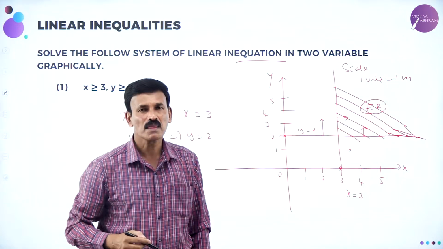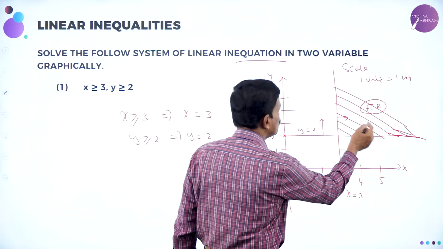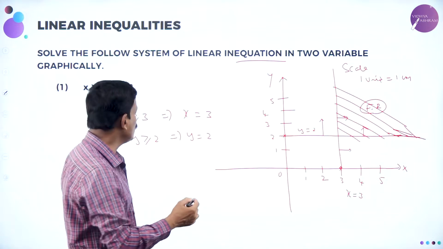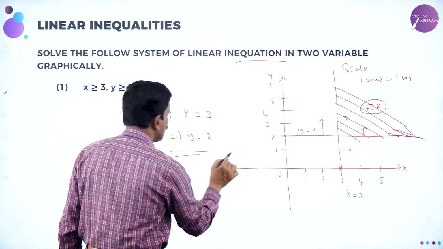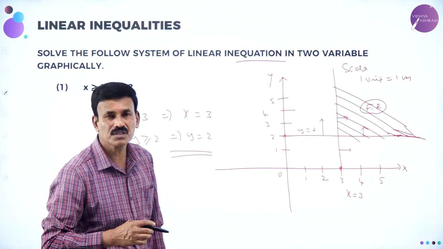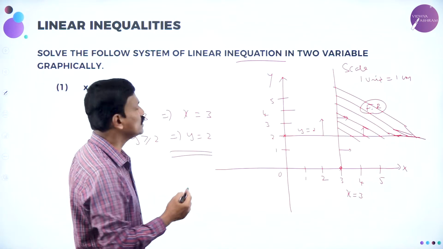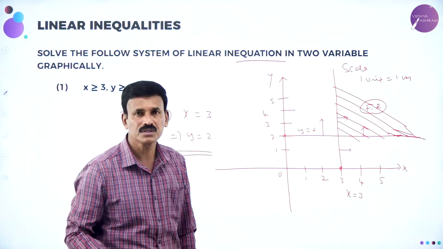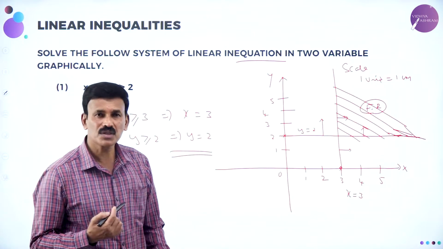The shaded region gives the feasible region, and that region gives the solution for the given linear inequality by graphical method. Hope you followed. Now let us come to the next problem.